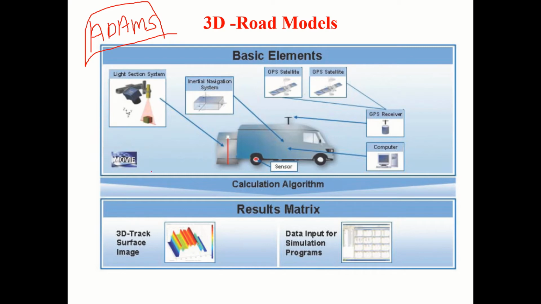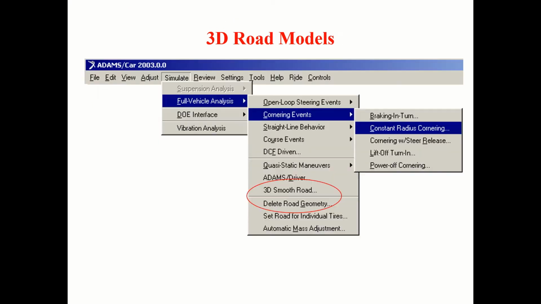Probably we can create a road model in MATLAB, and if I know the vehicle model, we can solve the equation and study the response behavior. You can see 3D road models are available in Adams Car and you can choose this.